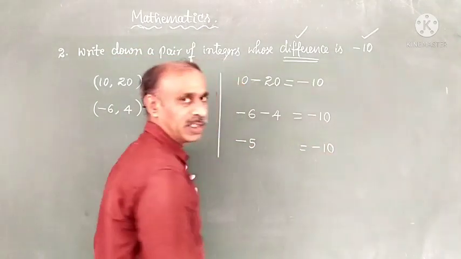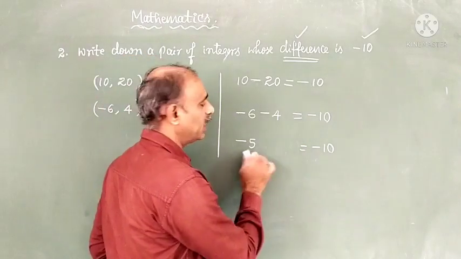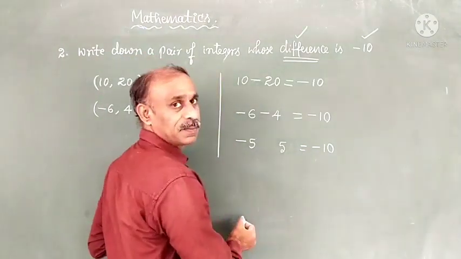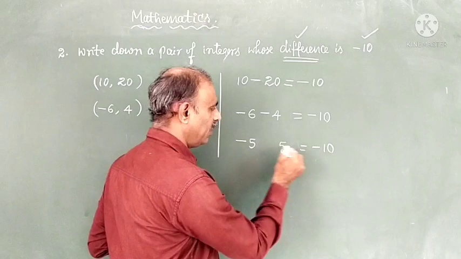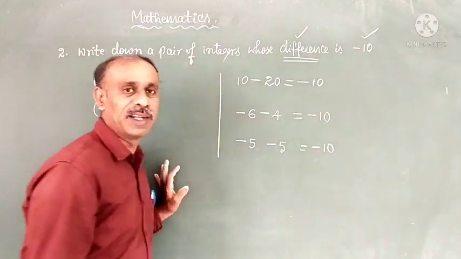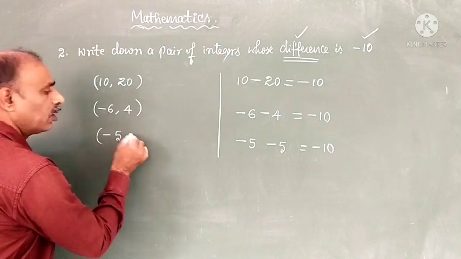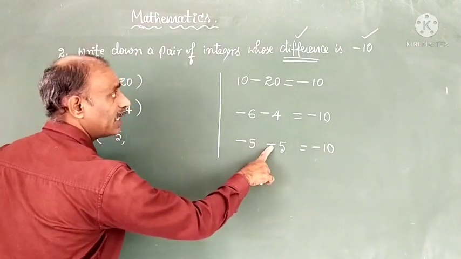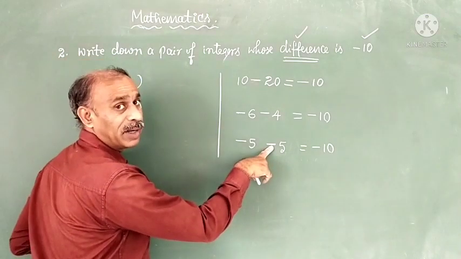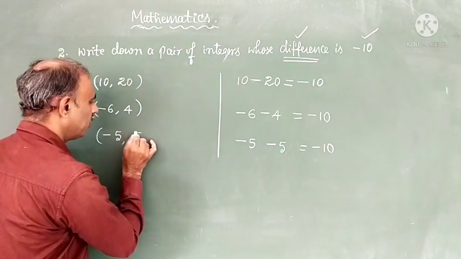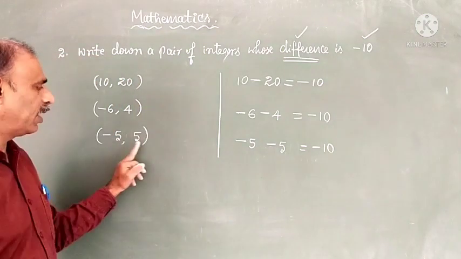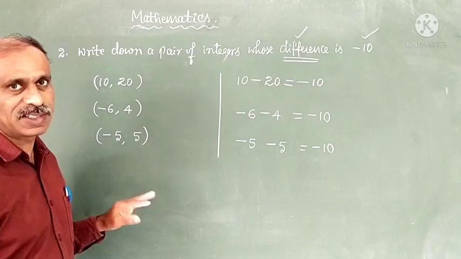That already we know. So for 5, how much do I need to add? 5 itself. Right? But minus I want, so therefore this also should be minus. So then which are the pair? Minus 5 and this minus, how did you get it? By taking the difference. So therefore minus 5 and 5. Okay? So like this. It's very easy.